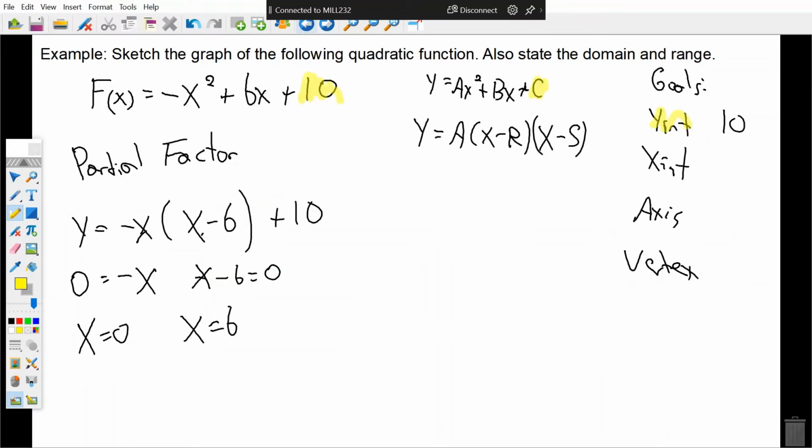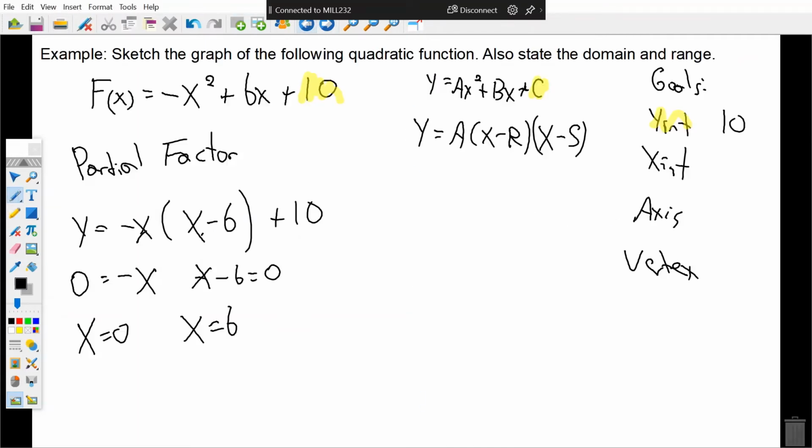Okay, so let's put those onto our graph here. Here's what we have so far. We have a y-intercept of 10. 2, 3, 4, 5, 6, 7, 8, 9, 10.